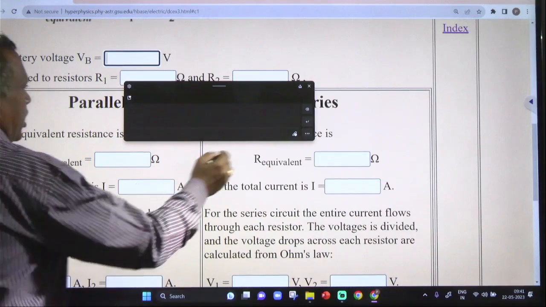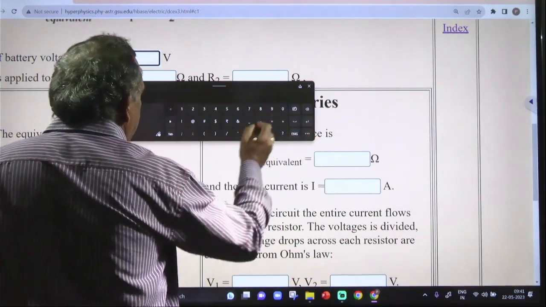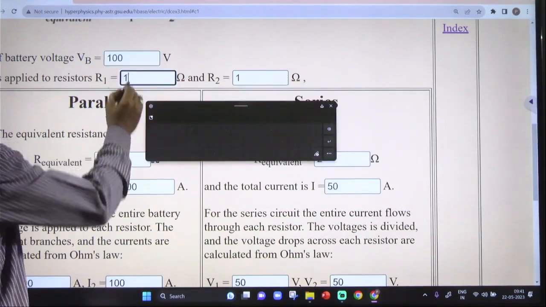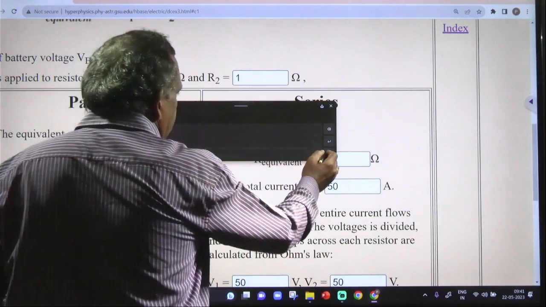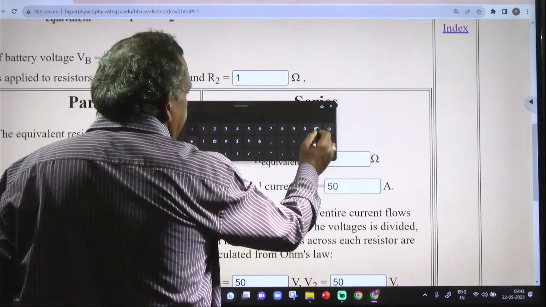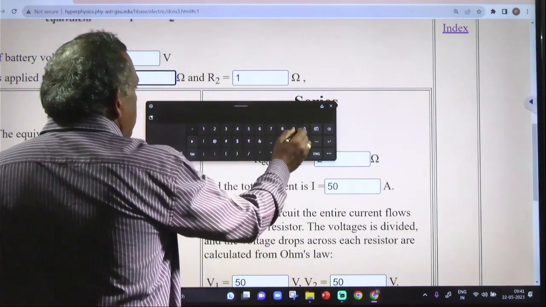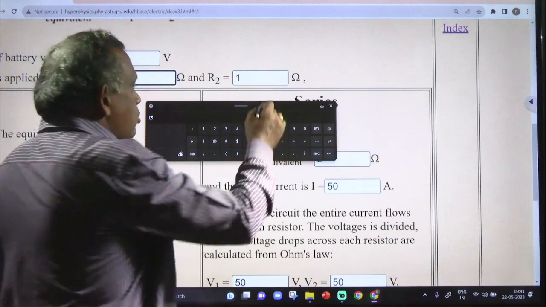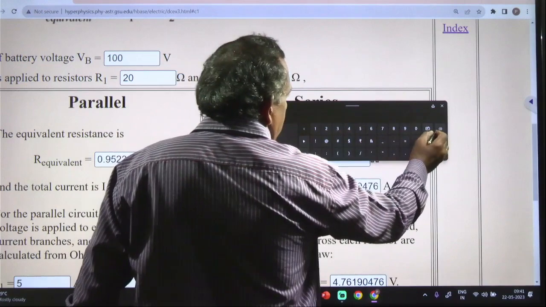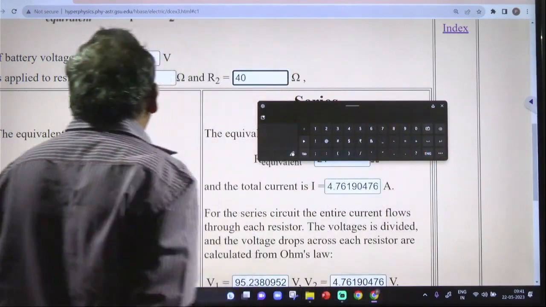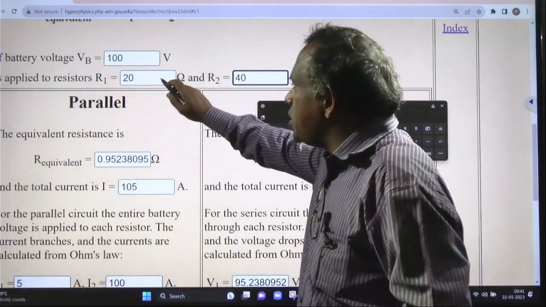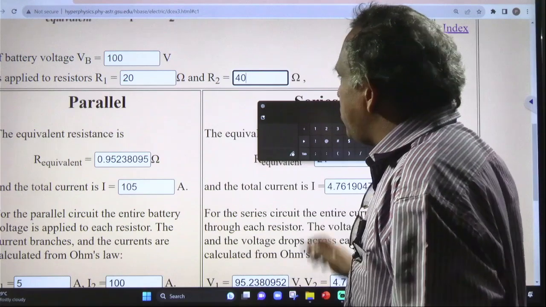Let us assume the voltage across the battery is 100 volts, the R1 value is 20 ohms, and the R2 value is 40 ohms. Simple example.